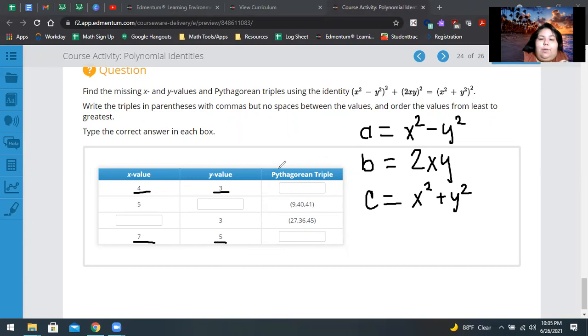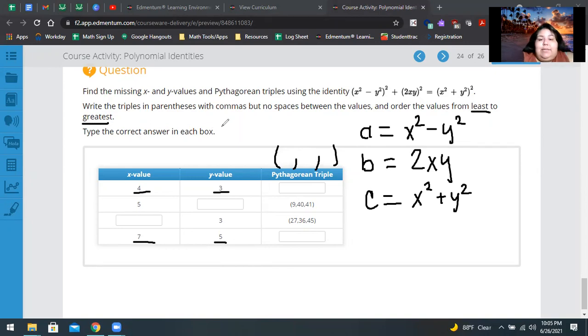Make sure with your Pythagorean triples that you're going to have 3 numbers there. Separate them with commas. Again, least to greatest. If not, when it's getting scored, it's actually going to take it as wrong.